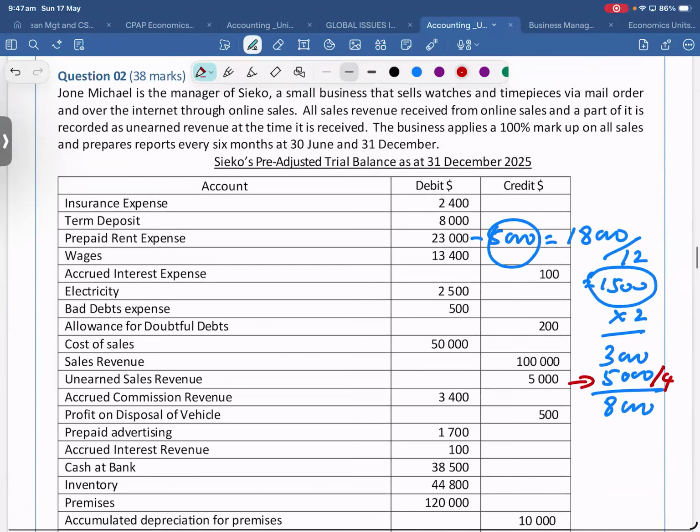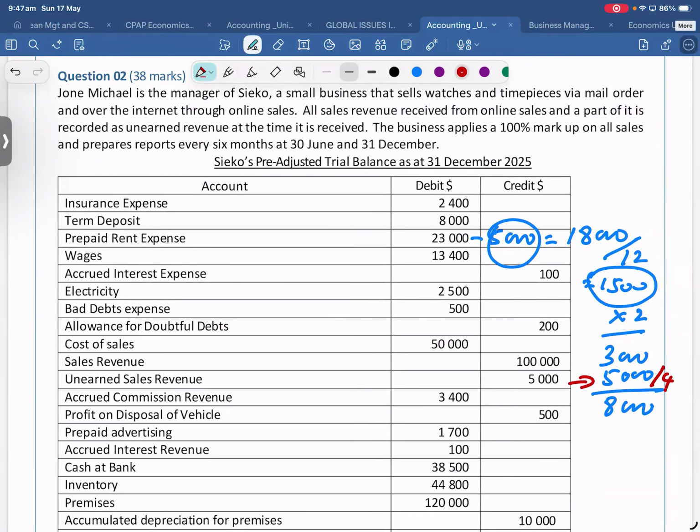So what's the double entry, guys? For the 8,000? Expense 8,000 and then credit prepaid rent 8,000. Very good. So we'll write there. Narrations are not required, you don't have to worry about the narrations.